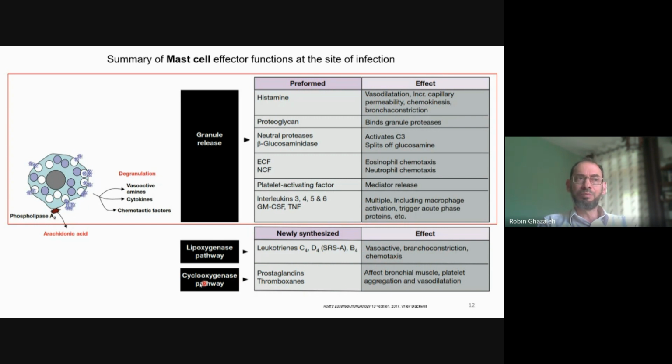Now we have the products of the cyclooxygenase pathway. Primarily, in the next slide, we'll give more details about this. But prostaglandins and thromboxanes affect the bronchioles, platelet aggregation, and also vasodilation.